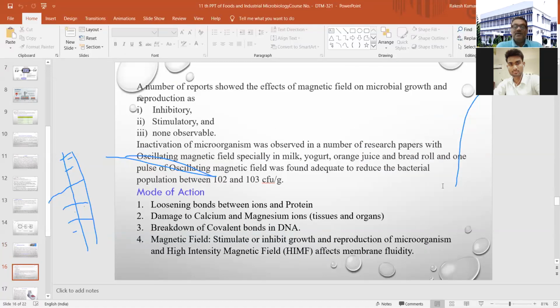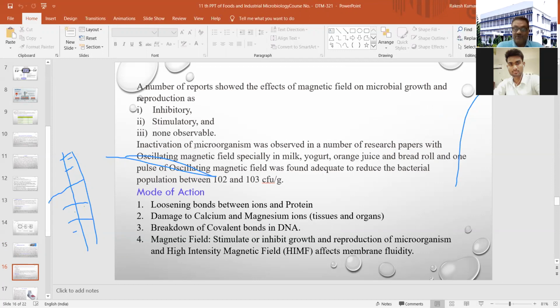There is some inhibitory effect. Sometimes you will get a stimulatory effect, and sometimes a non-observable effect you will observe in the product. So accordingly, you have to select the particular conditions. Now, how does inactivation take place in these products?